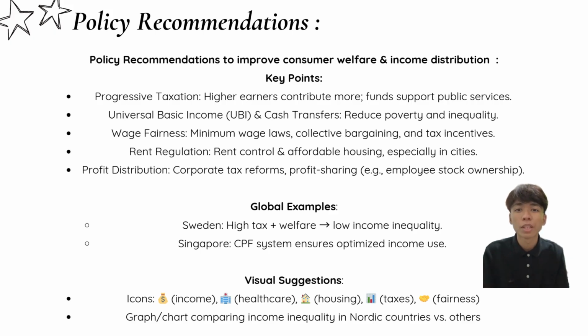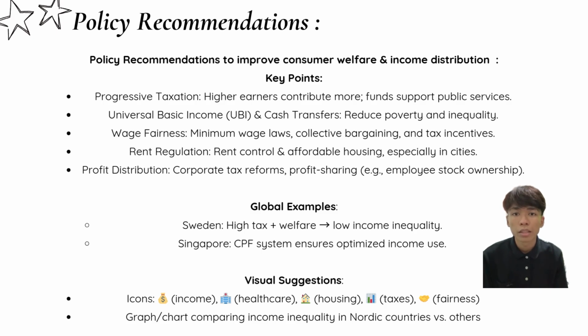Hi everyone, today I will explain some policy suggestions to help improve consumer welfare and income distribution. First, the government can use something called progressive taxation. This means people who earn more money will pay a higher percentage in tax.